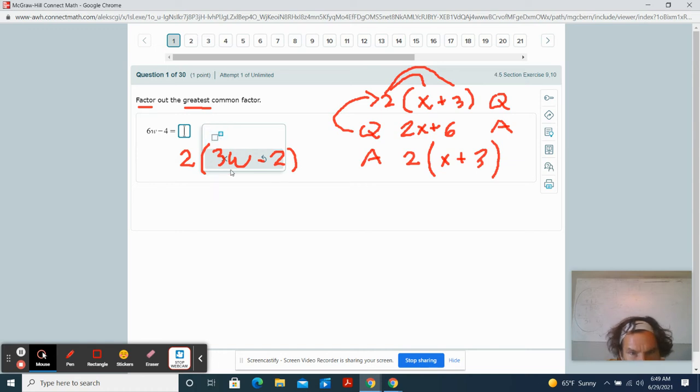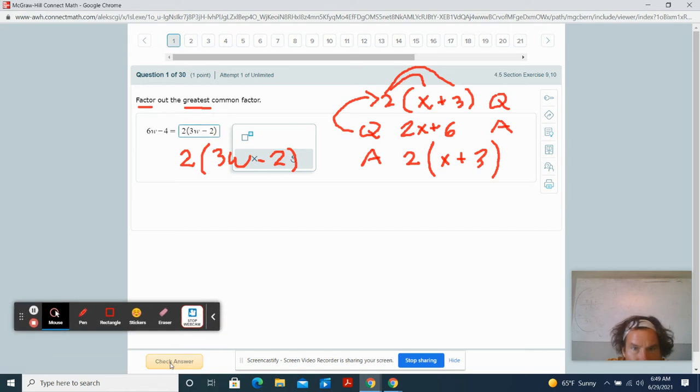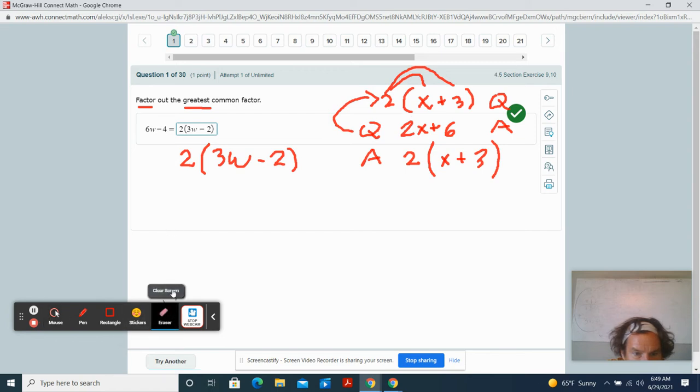That's the exponent. There's no exponents here, so we just put 2. We use the parentheses. I'm just using my keyboard. 3w minus 2, and then make sure you end your parentheses as well. Okay. So checking our answer, it'll give you a little green check mark, and then we can move on.